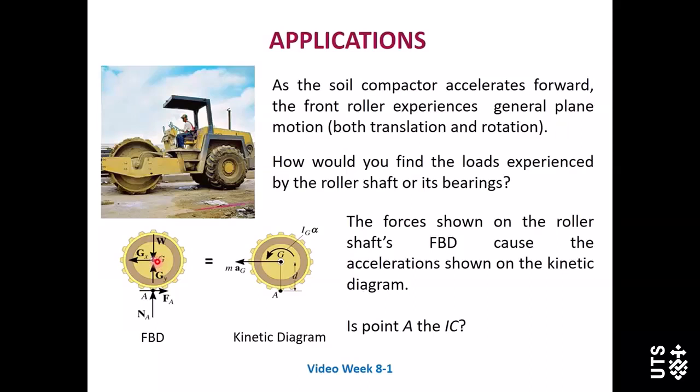At its pin point, and here is also the mass center point of this front roller, point G. We have reaction force and weight force. And in this kinetic diagram, we have m a_G and I_G alpha.